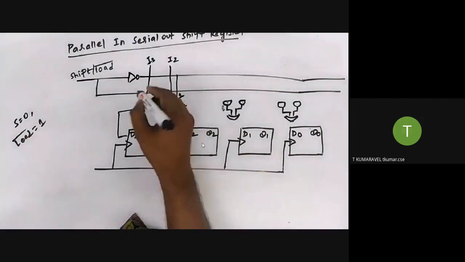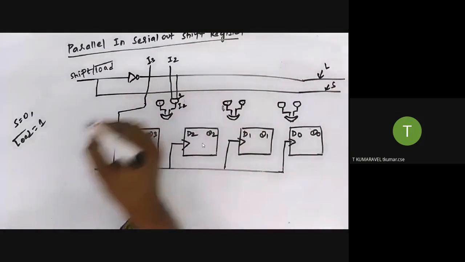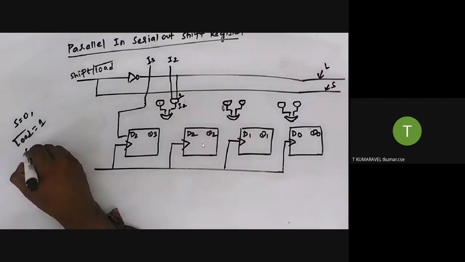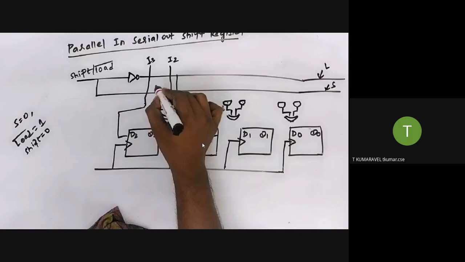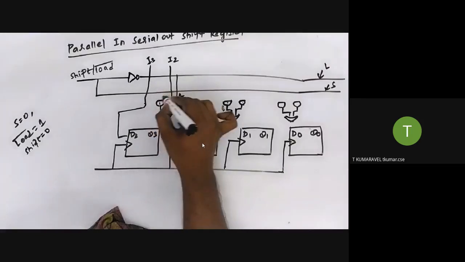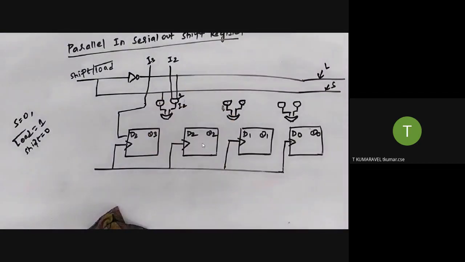Okay, I2. So this is called as a load line. This is called as a shift line. So whenever S equals 0, what is the value of shift? Shift equals 0.